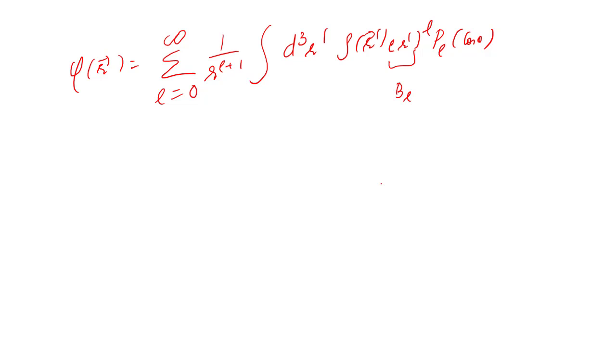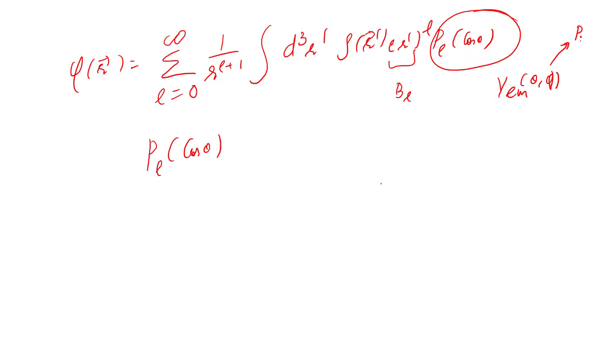So if you look at this PL of cosine theta, we can in general write this in terms of spherical harmonics. Recall that spherical harmonics have two parts, theta and phi, the coordinate phi, and the theta part is the Legendre polynomial, and the phi part is something like e to the power im phi.